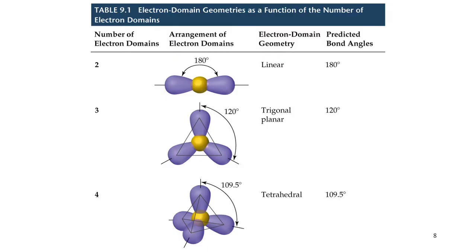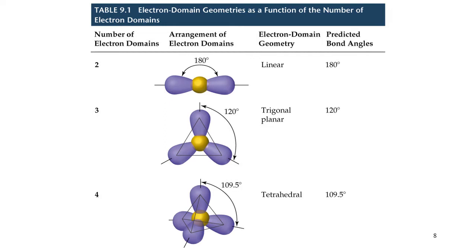To make it more clear, let's take a look at table 9.1 here. Some books call electron group geometry electron domain geometry. It is the same thing. For 2 electron domains, the electron group geometry is linear, and the bond angle is 180 degrees.